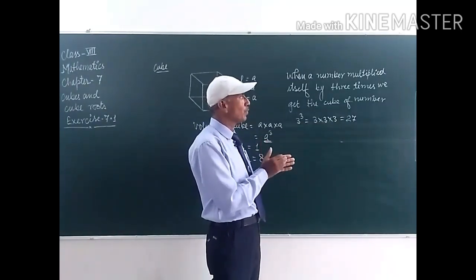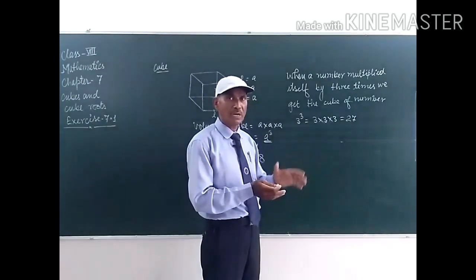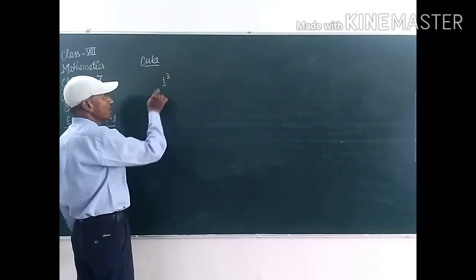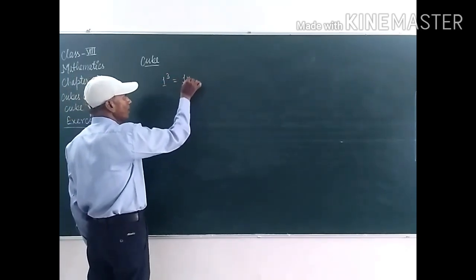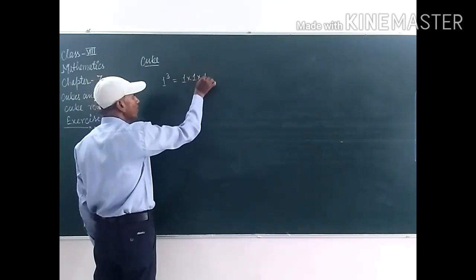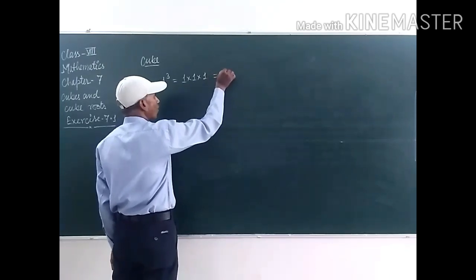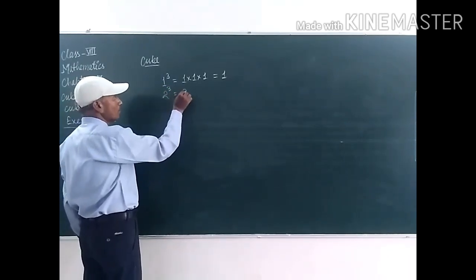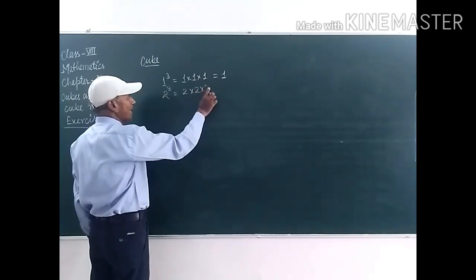Now we have to find out the cube of the first 10 natural numbers, student. 1 raised to the power 3 means 1 cube, means 1 into 1 into 1, that is 1. Now 2 cube means 2 multiplied by itself 3 times.